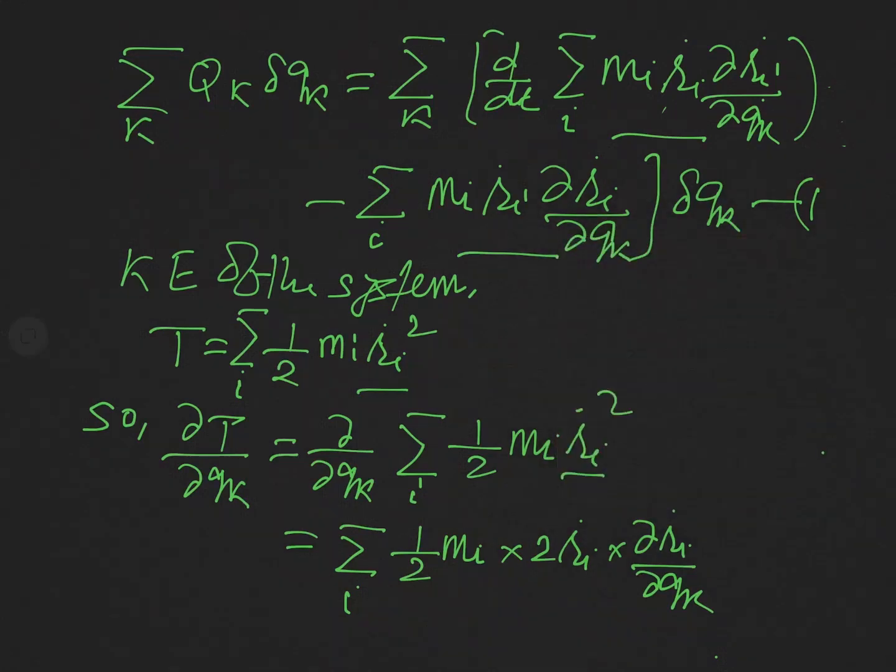The 2 and half cancel out, so our result will be summation over i mi ri dot del ri dot by del qk.